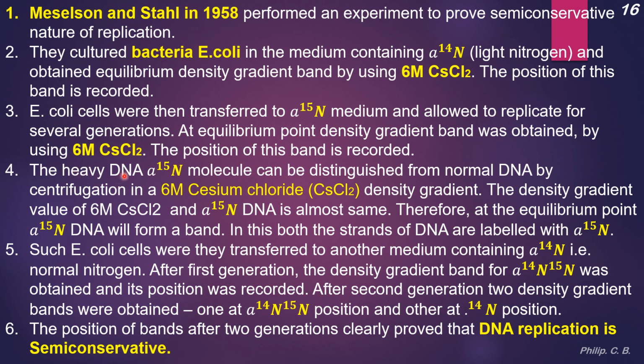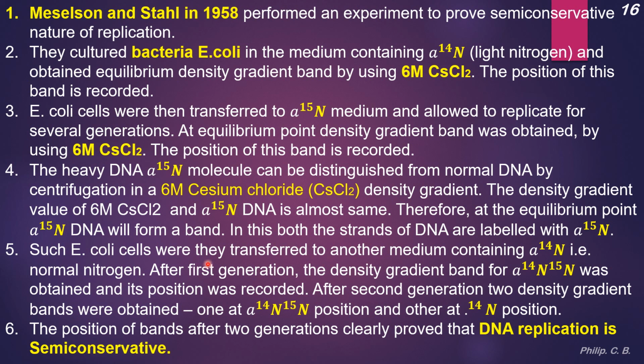Further, the heavy DNA, that is N15 DNA, can be distinguished from normal DNA by centrifugation in a 6 molar cesium chloride density gradient. The density of 6 molar CsCl2 and N15 DNA is almost the same. Therefore, at equilibrium, N15 DNA will form a band. In this, both strands of DNA are labeled with N15.